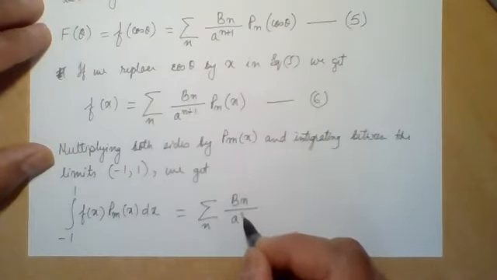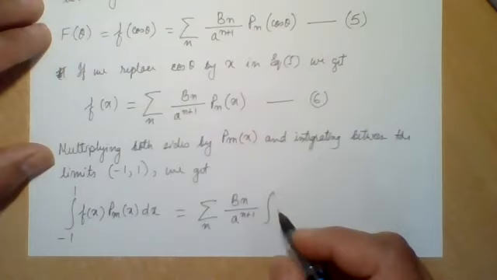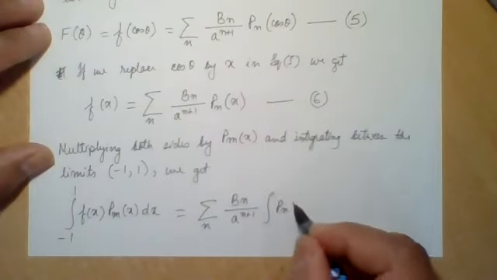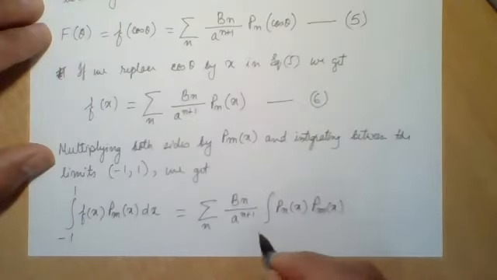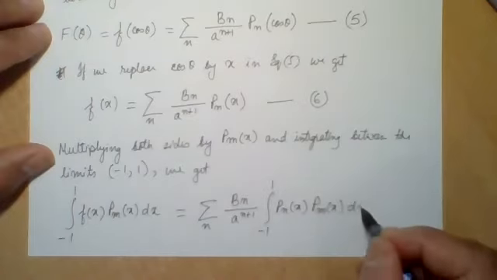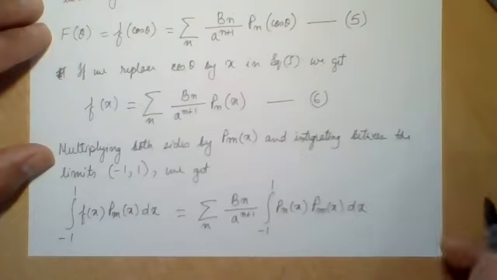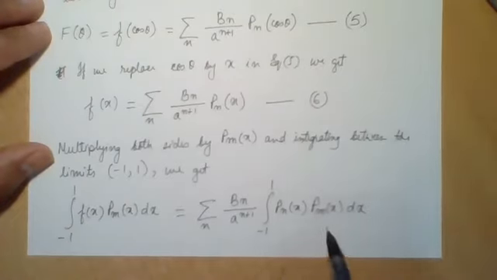So a to the power n plus 1, integration Pn(x) Pm(x) from -1 to 1 with respect to x. And from the orthonormality property of Legendre polynomials, we know that this is nothing but 2 by 2n plus 1 delta mn. So let us use that property.